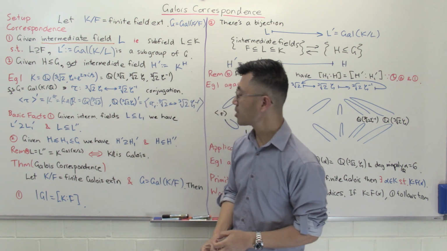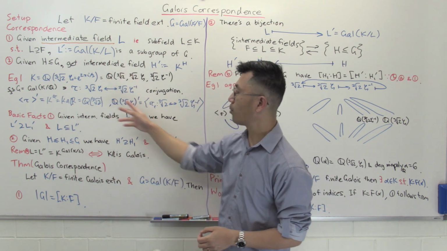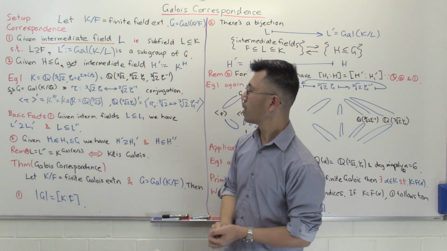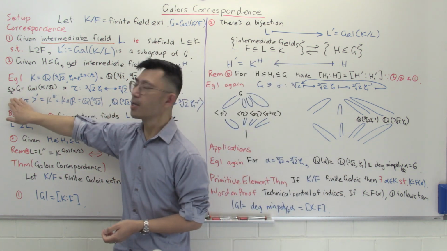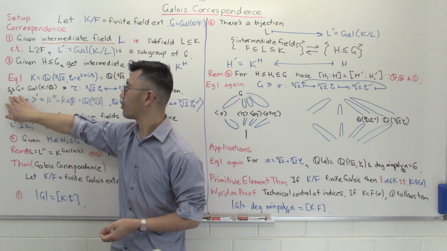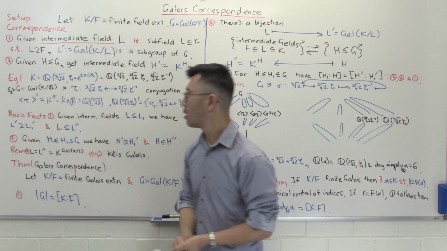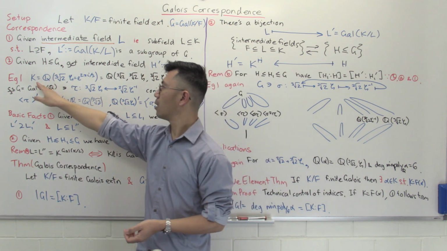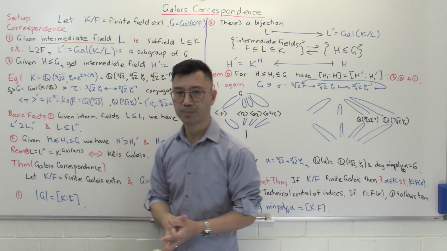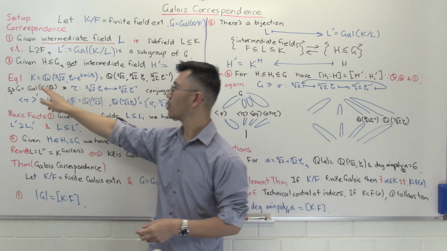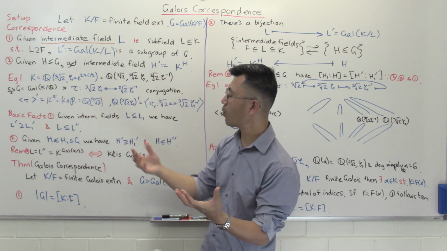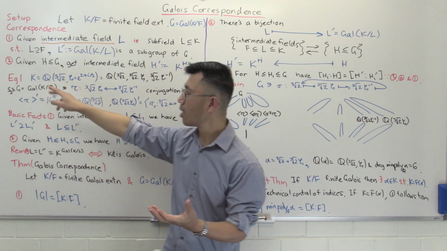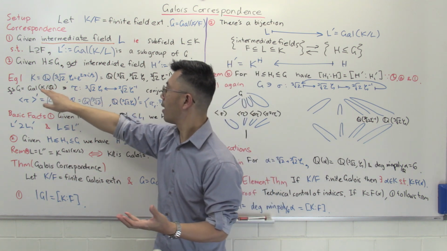Okay, so let's just have a look and see how this holds in this example here. So what is the order of the group here? S3, that is 3 factorial, which is 6. And what's the index of K over Q? I guess that's also 6, and if you don't see that straight away, the easiest way is to use the fact that you can write a tower.